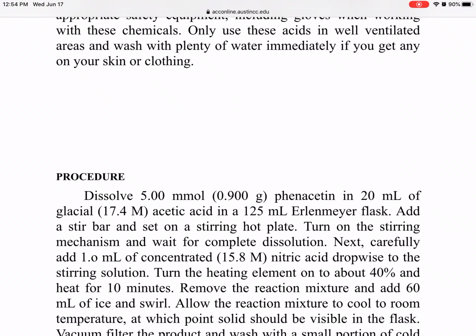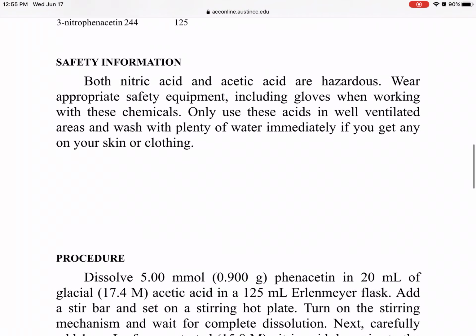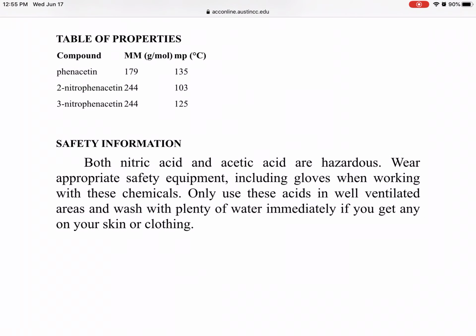So if you used 5 millimoles of your phenacetin, what's the number of moles of nitrophenacetin you're supposed to make theoretically? Same amount, 1 to 1 molar ratio, 5 millimoles, right? And then you're going to multiply this by the molar mass of 2-nitrophenacetin, 244, to find the theoretical yield.